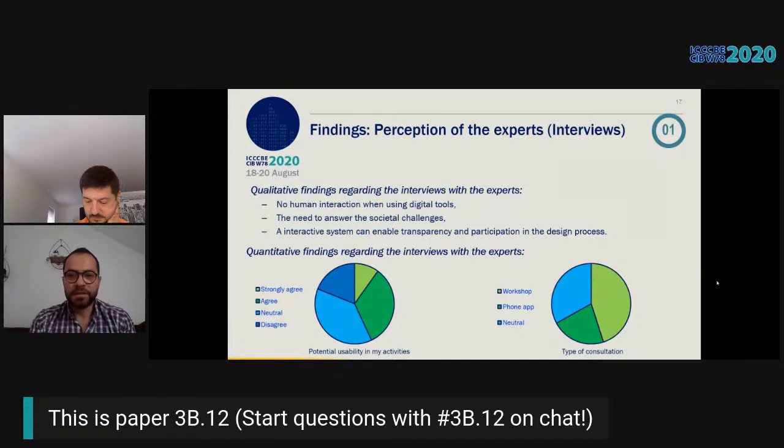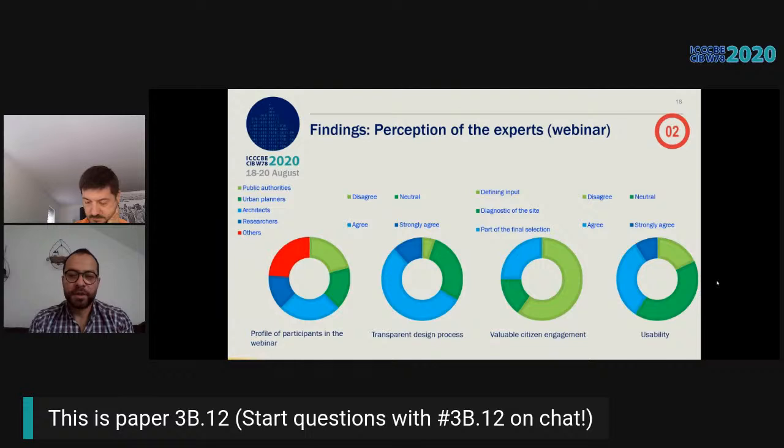So as findings, from the perception of experts in the interviews, they strongly agree that there's a potential to use this type of prototype, and their work is mostly based on workshop prototypes with citizens. And they also agreed that there's no human interaction when using digital tools.